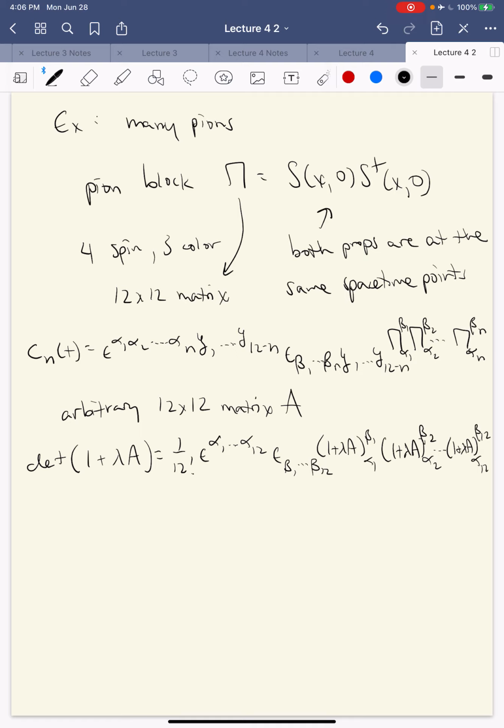And now I'm going to go ahead and expand this out. So the first term, we're just going to multiply all the ones together. So those are just Kronecker deltas that are tying up the different pairs of alphas and betas.